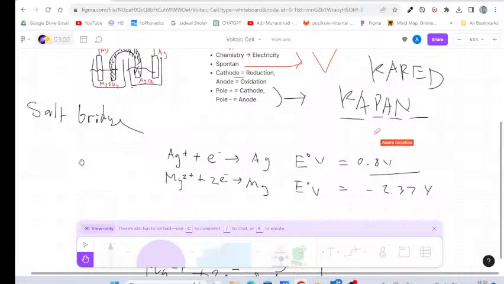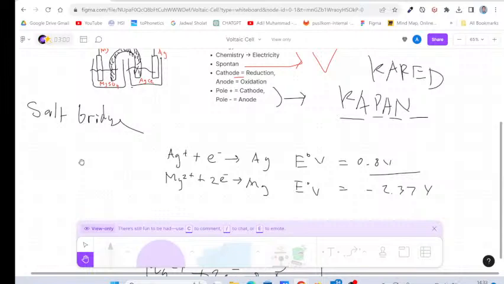See the list here. The list shows the reactions, and they must be reduction, right? But because it is just the reduction half reaction, what you need to be concerned with is the voltage.